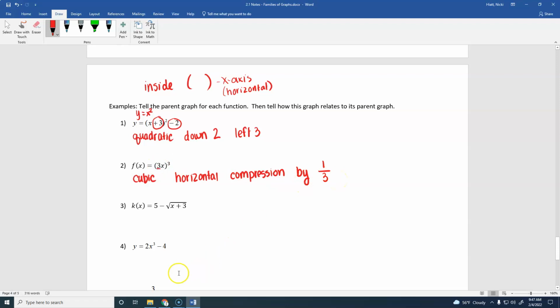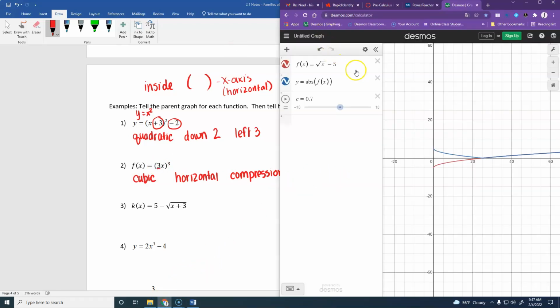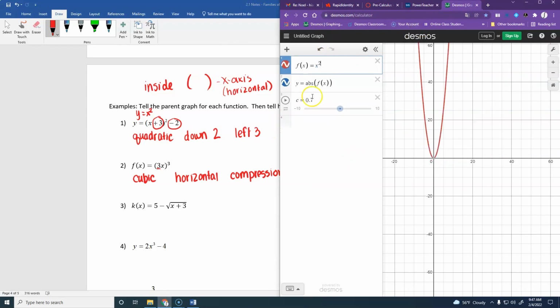So if we flip back over to Desmos real quick, let me show you what I was doing wrong on that last one. So we were looking at x squared.